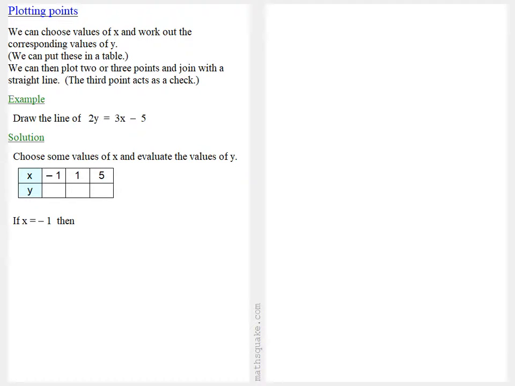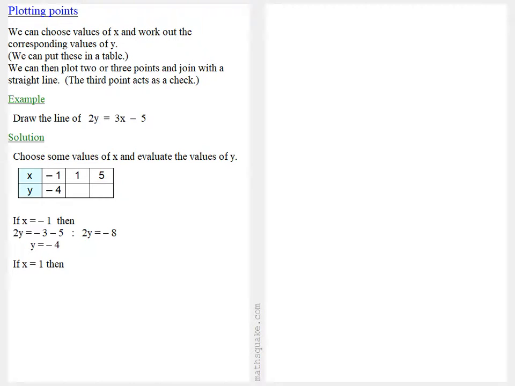So, in the first column, if x is equal to -1, then we have from the equation 2y equals 3 times -1 minus 5, or 2y equals -3 minus 5, which means 2y is equal to -8, or y is equal to -4, and we put that in the table.